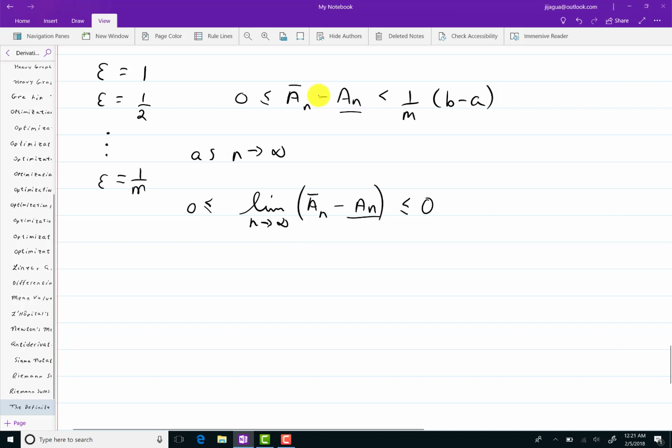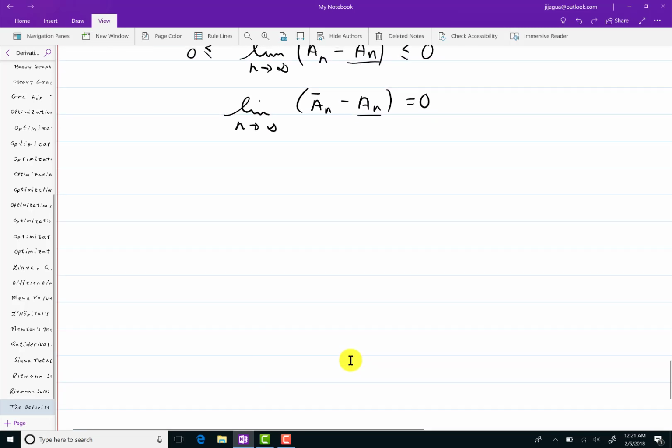I should have put the limit as n goes to infinity through all of these. So what I have then is that the limit as n goes to infinity of a n bar above minus a n bar below equals 0. Unfortunately, this does not mean that the limit of a sub n bar above equals the limit of a sub n bar below, because there's a second concept that we need.